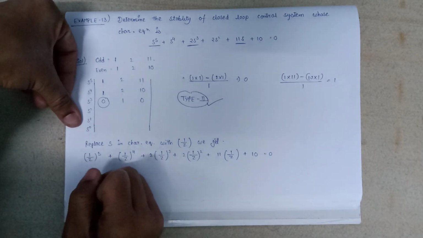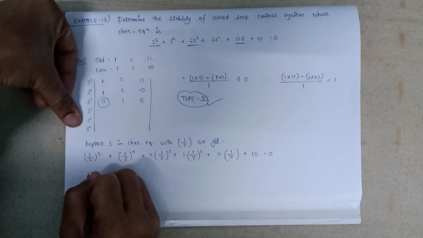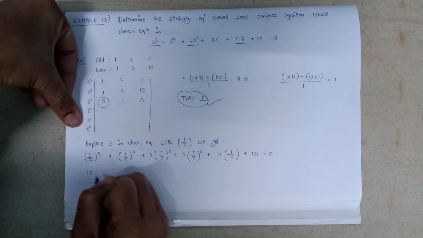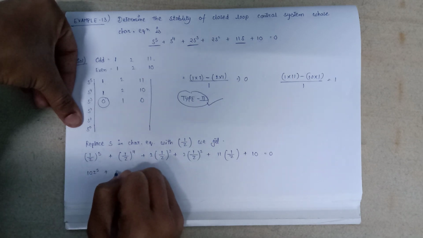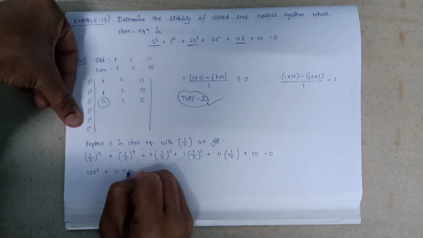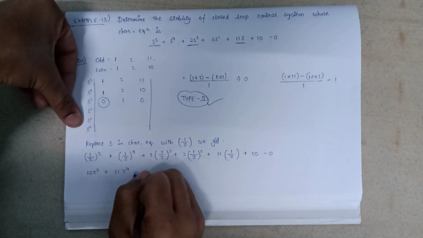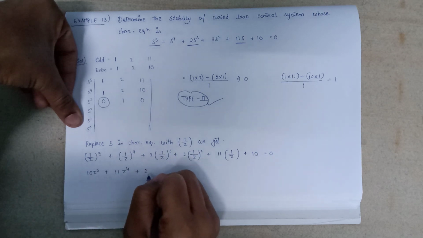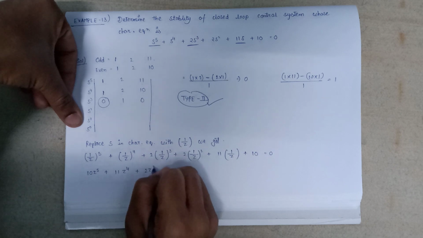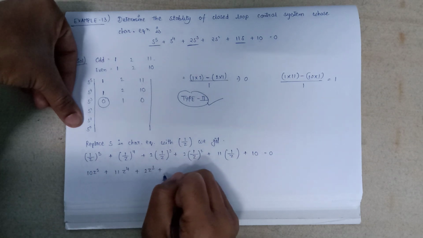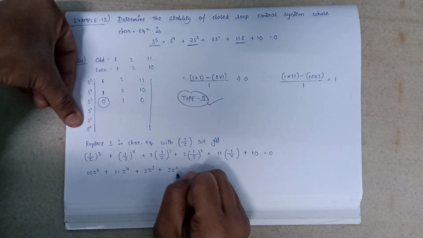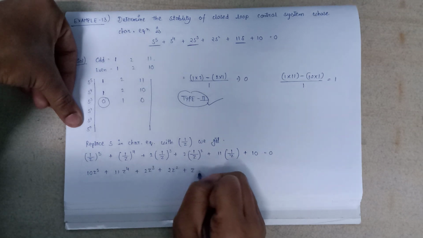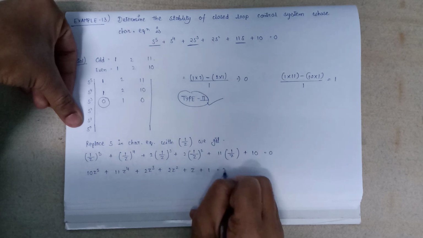Further, on taking the LCM, the final equation we will get is 10 z to the power 5 plus 11 z to the power 4 plus 2 z to the power 3 plus 2 z to the power 2 plus z plus 1 is equal to 0.